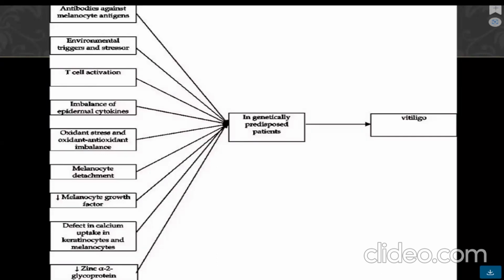All this leads to vitiligo in a genetically predisposed patient.